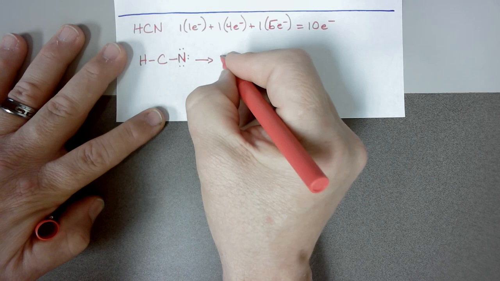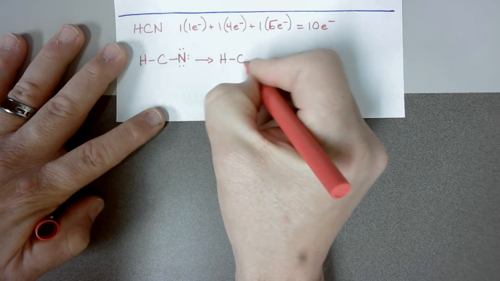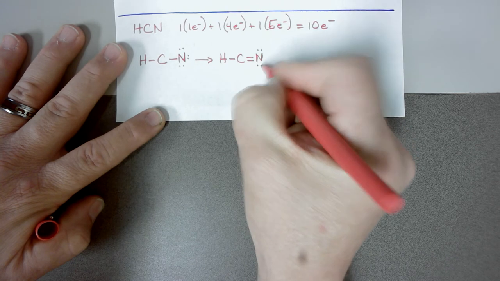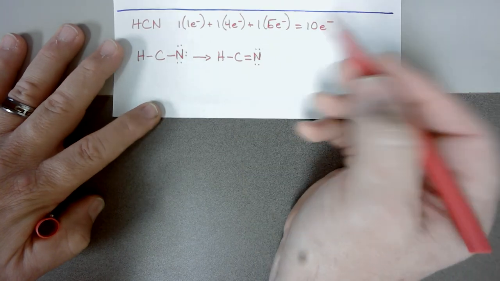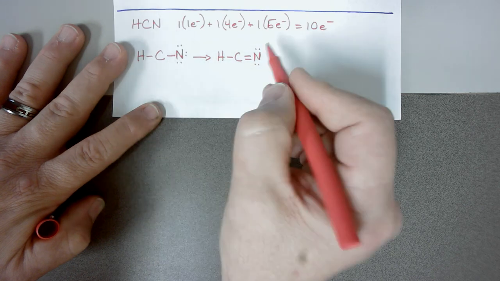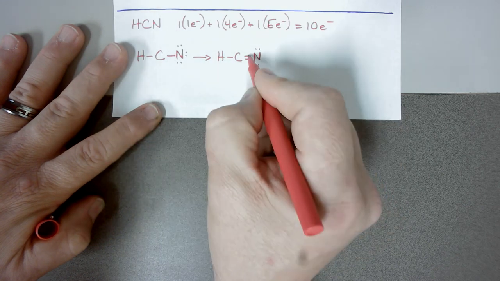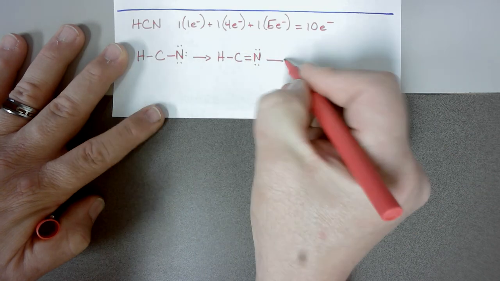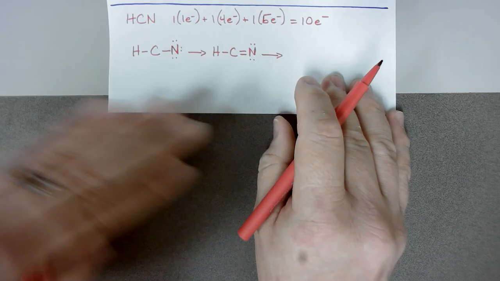So the first one I will look at is going to be carbon, double bond to nitrogen, and then we have this. I've taken this and put it here. So I count my octets, 2, 4, 6, 8, nitrogen's good, 2, 4, 6, carbon still not good. So take from nitrogen and share with carbon.